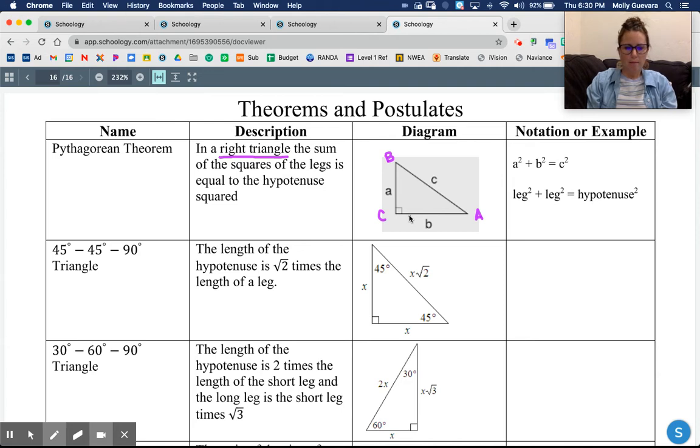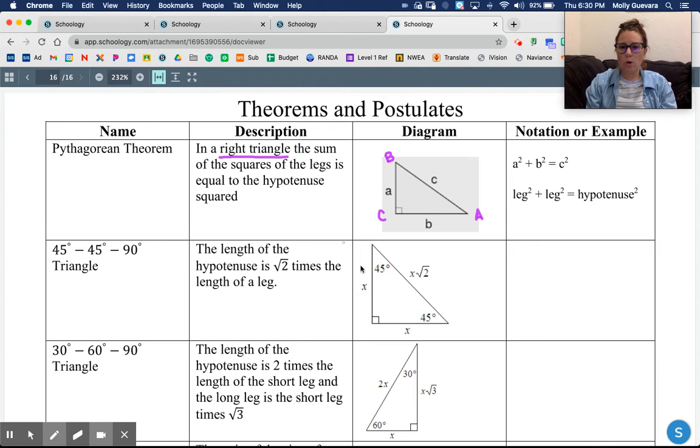Okay, the next one here, so we have two special right triangles that we look at. The first special right triangle is a 45, 45, 90-degree triangle. So this is a right triangle because I have the 90 degrees, and then the other two angles are both 45. So the remaining 90 degrees is split in half.